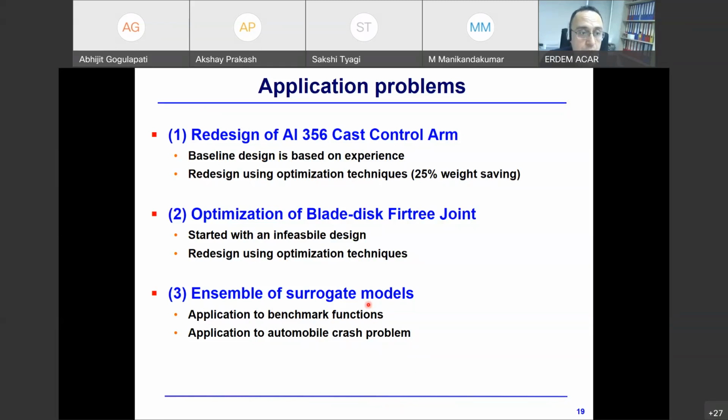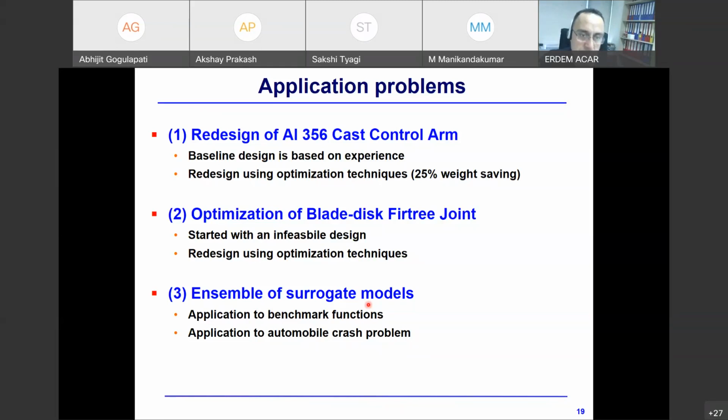During this talk, I am going to mention three application problems. The first application problem is redesign of an aluminum cast control arm. In that problem, the baseline design was based on experience, and the redesign is obtained by using surrogate-based optimization techniques, and we reduced the weight by 25%.